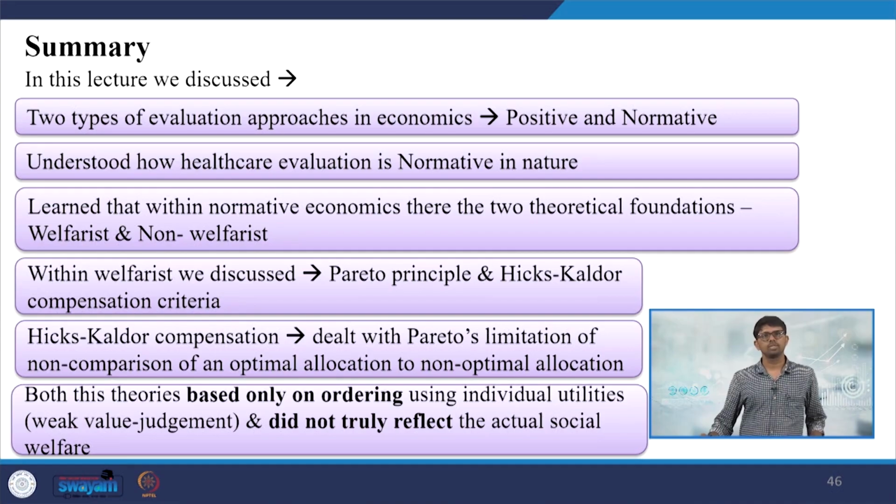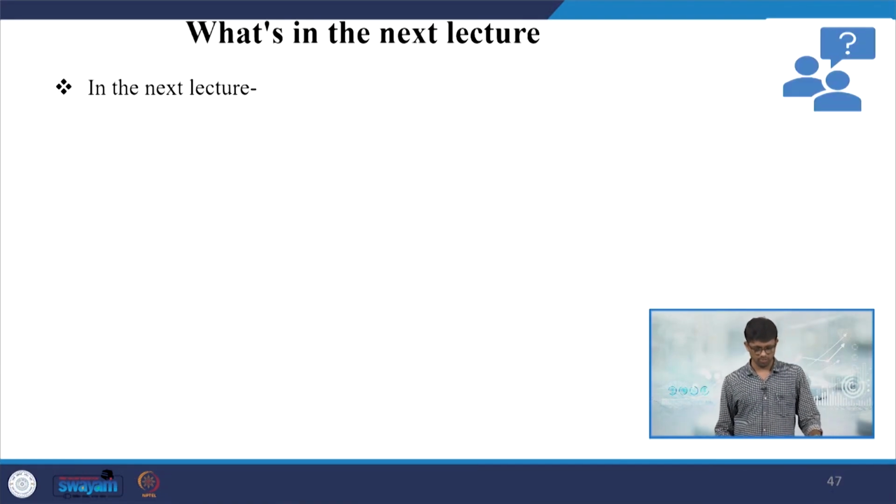Within welfarist we discussed the Pareto principle and Hicksian and Kaldorian compensation criteria. Hicks-Kaldor compensation dealt with Pareto limitations of non-comparison of optimal allocation to non-optimal allocation. Both these theories are based only on ordering using individual utilities, that is indeed called weak value judgment, and did not truly reflect the actual social welfare.